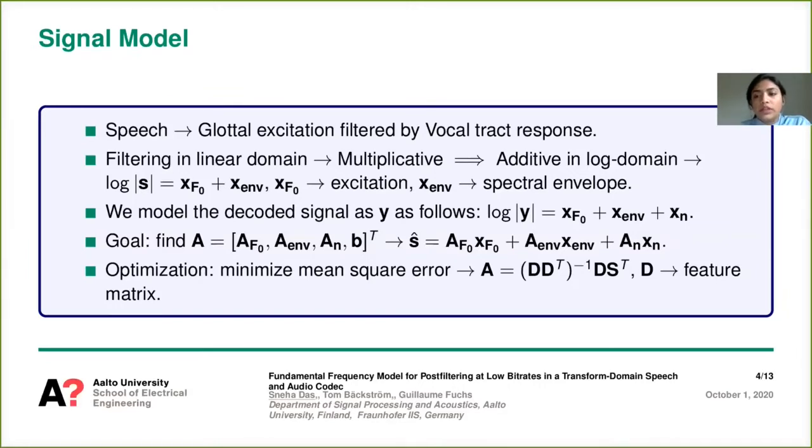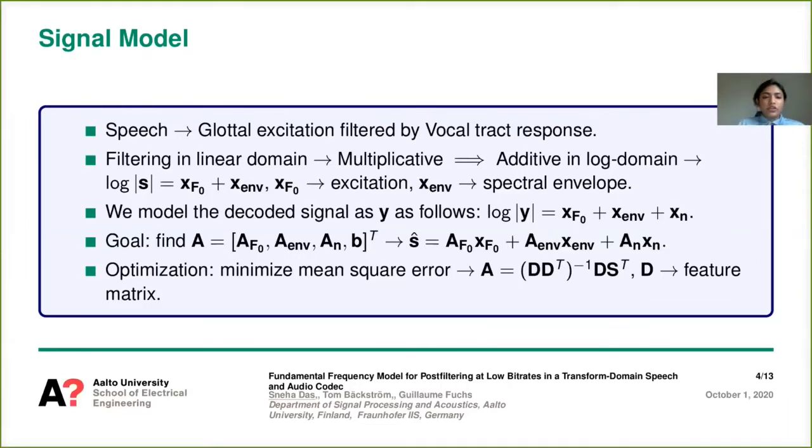Also, we need to address the noise component in the decoded signal, which is comprised in the term x_n. Our goal through this work is to find an optimal filter A, which is also a linear filter but incorporates components such as a spectral envelope model and the harmonic model in its features.